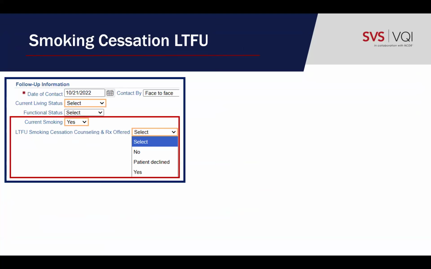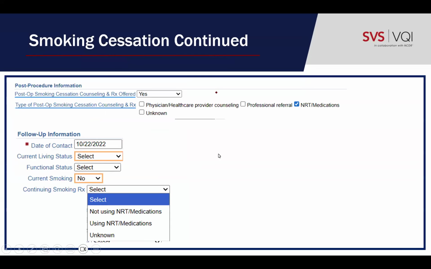So I just want to remind people of another little nuance that we collect for our smoking cessation variables. If a patient had a smoking status of current at the time of discharge, and you say that smoking cessation counseling and/or treatment was offered in your post-op procedure tab, you say yes.